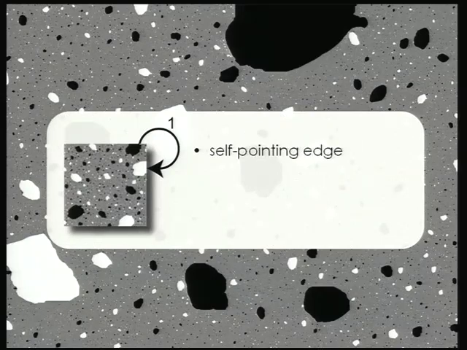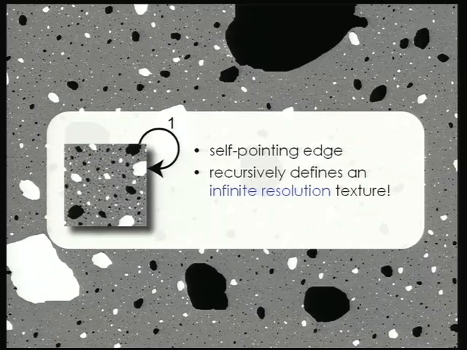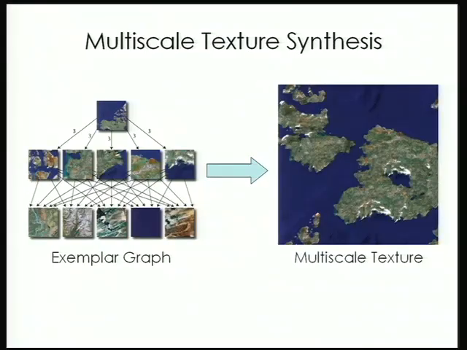And the edge weight of 1 tells us that this texture is similar to itself when scaled by half. Or in other words, we've recursively defined this infinite resolution texture. So we see that the exemplar graph is a simple but powerful and expressive way of describing textures, and more to the point, multiscale textures. So we'll be using these as the input representation for our multiscale algorithm, which I'll describe next.